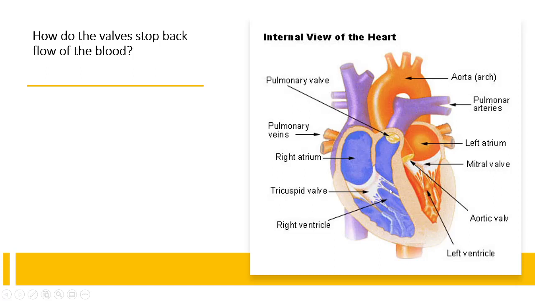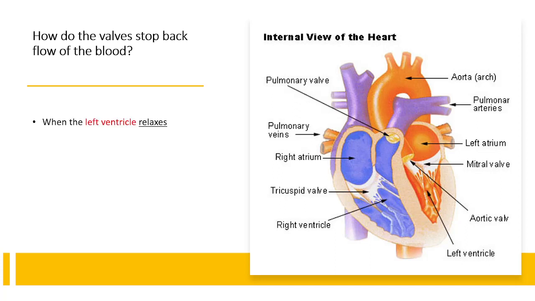How come the blood does not flow back into the right atrium again? So as the heart muscles contract and relax, the valves open and shut. They let blood flow into the ventricles and atria at alternate times.